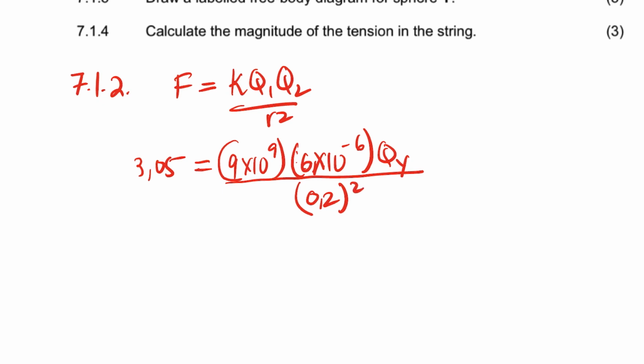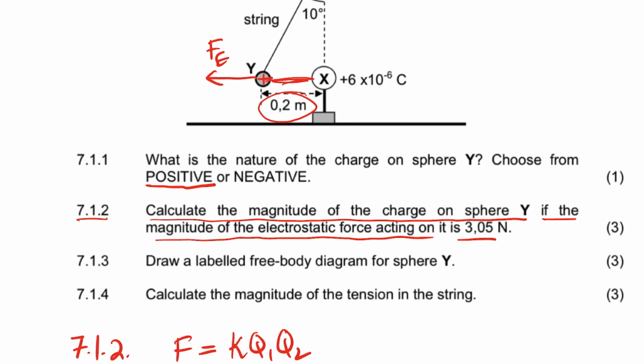If we do the math there and cross multiply, the charge Y will be 2.26 times 10 to the power negative 6 coulombs. That's the charge Y, right?